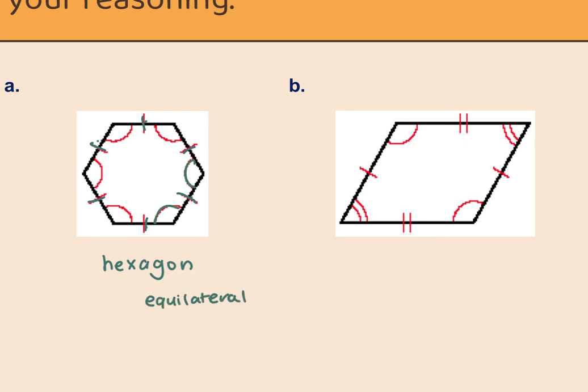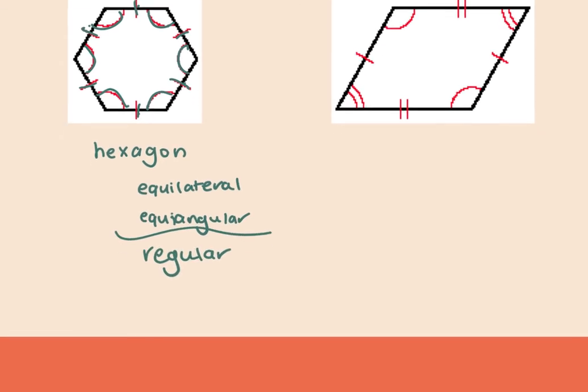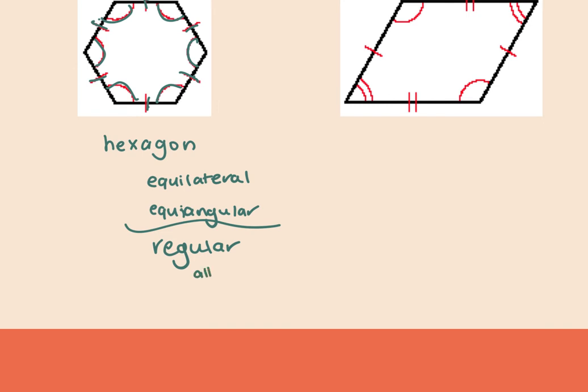It has 1, 2, 3, 4, 5, 6 angle congruency marks, so it's equiangular. And since it's both of those things, it is regular. And it has all congruent sides, all congruent angles. So that's the reasoning.